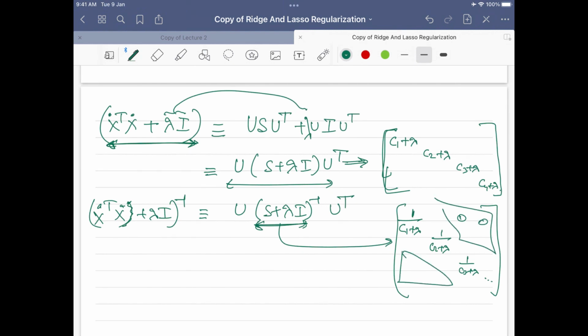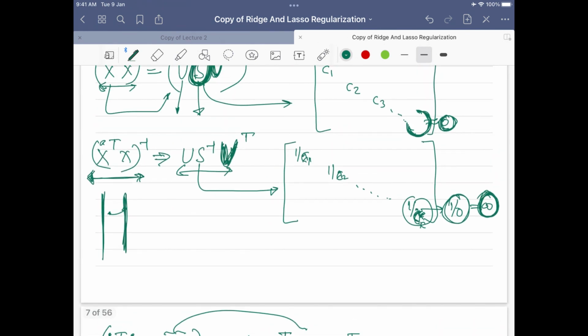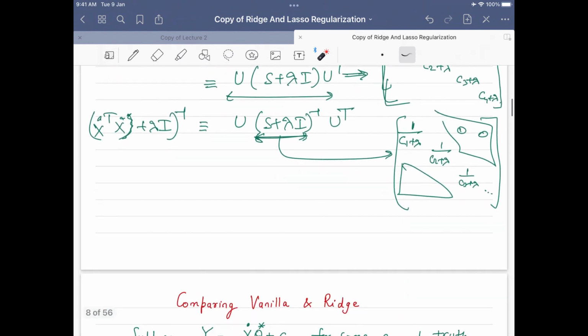Now you can see in the earlier case, we had this situation where some of these c values will be 0 because of the correlation among the columns of the vector. So now if that situation happens here, will this go to infinity if I put the values of c1, c2, c3 as 0?